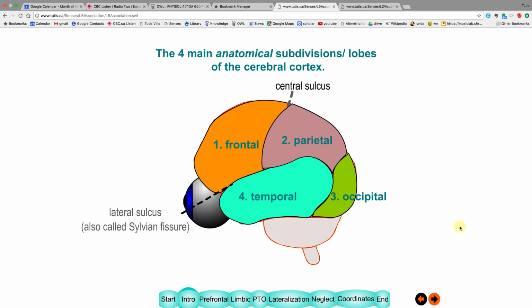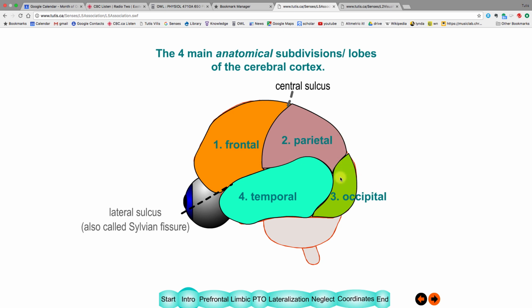Not functionally, but structurally, the brain is made up of these four lobes. The frontal lobe here in the front, and then there's this thing going down the middle here, your central sulcus, and it divides the frontal from the parietal, which is a second area.